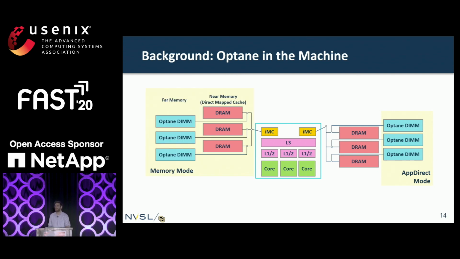The other method that we can use Optane is in Memory Mode. In Memory Mode, DRAM is acting effectively as a cache for Optane that's on the same channel. So the OS sees some large pool of what it thinks is DRAM, but is actually Optane cached by DRAM. Optane is the far, dense, slower memory, and DRAM acts as near memory, as a direct-map cache for the Optane.